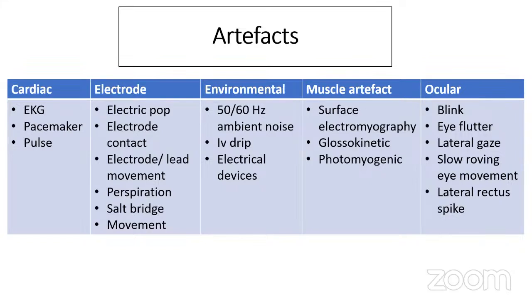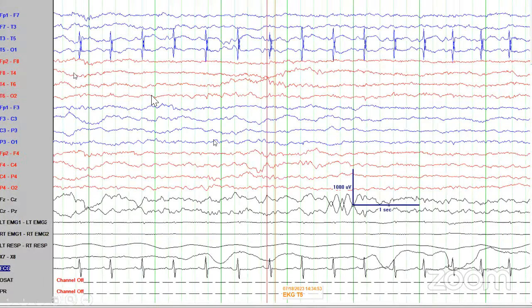So let's see a few common examples. This first example that I'm showing you is on the left side. This is electrode T5. We see these spiky activities happening, and at first impression, we are definitely going to say that this is abnormal activity.